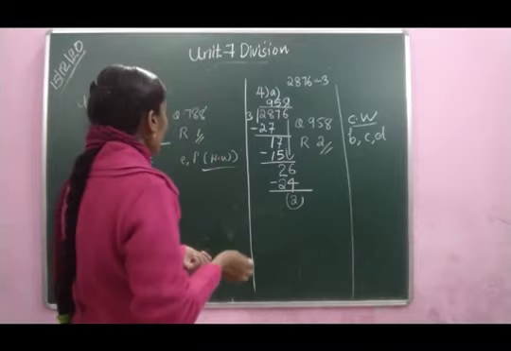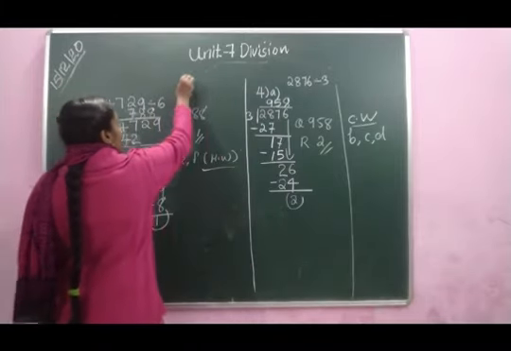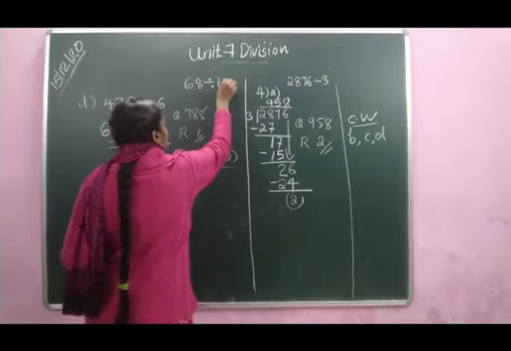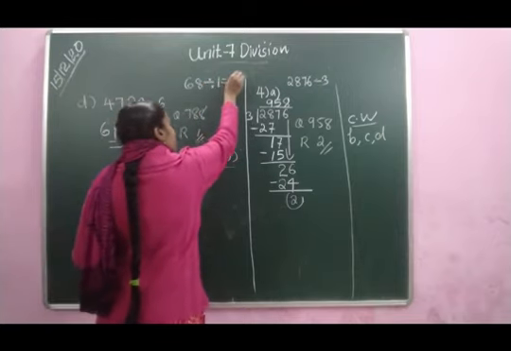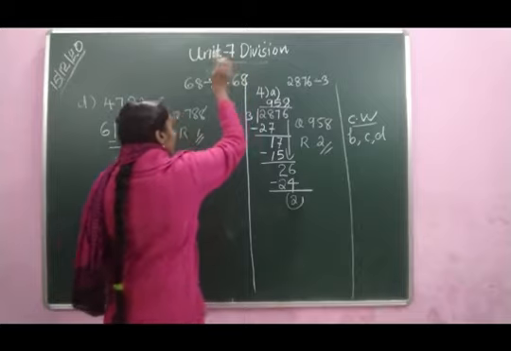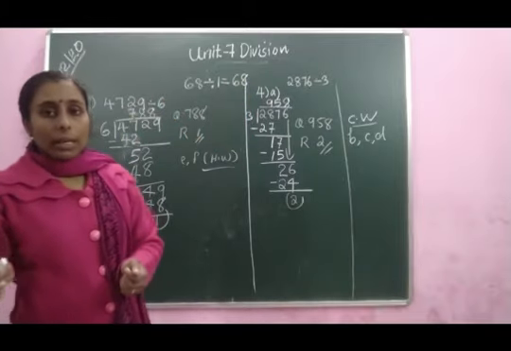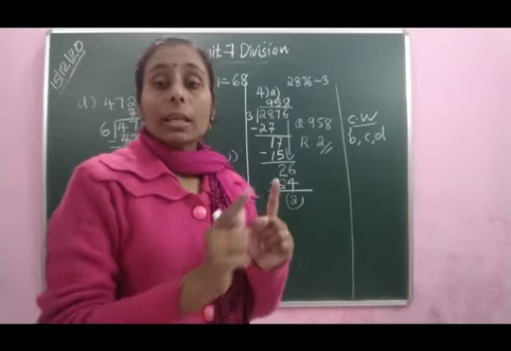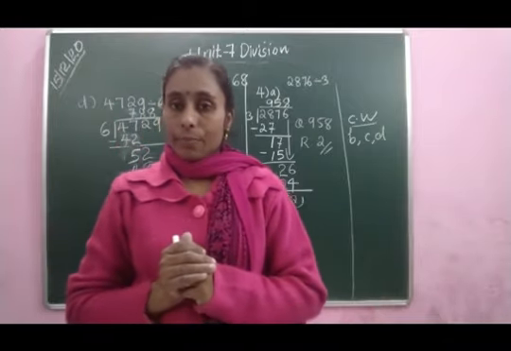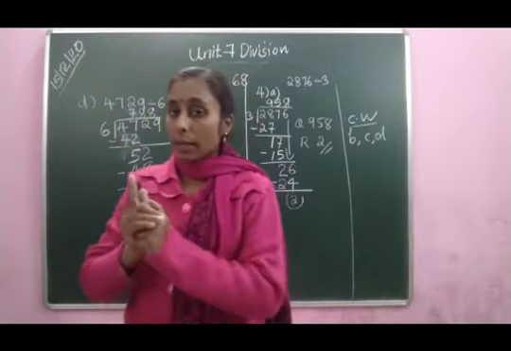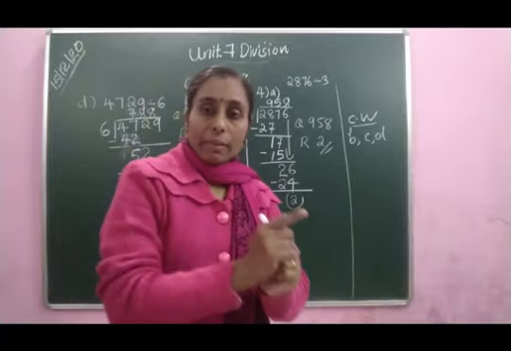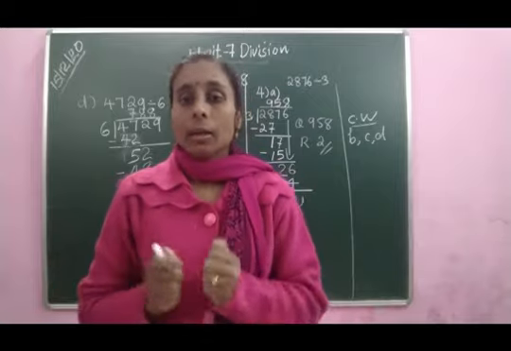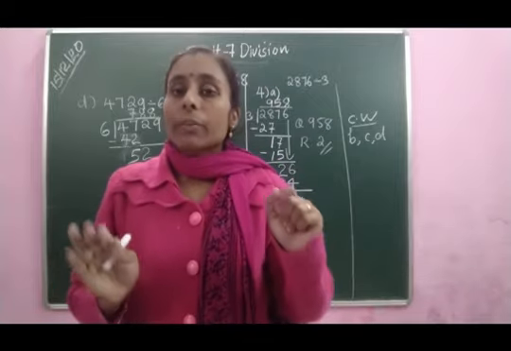For example, 68 divided by 1, what will we get? 68. Whenever we divide a number by 1, the quotient is the number itself. 5 divided by 1, 5. 2 divided by 1, 2. 100 divided by 1, 100. 8,000 divided by 1, 8,000.